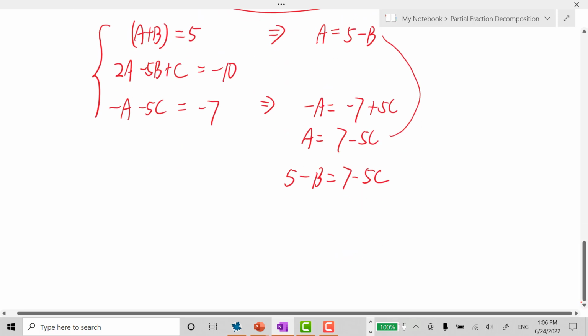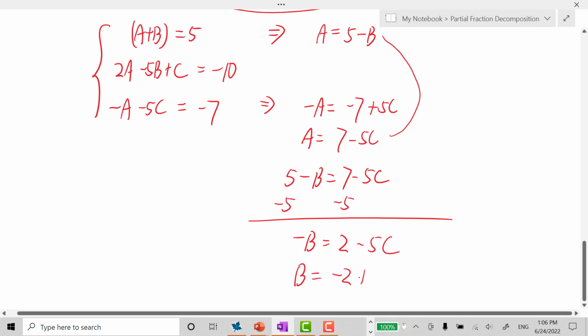So then we solve for b. Okay, so minus 5 from both sides of the equation. So that negative b equal to 2 minus 5c. And then so b equal to negative 2 adding 5c. Now, we haven't touched the second equation. So we're going to plug this into the second equation here.